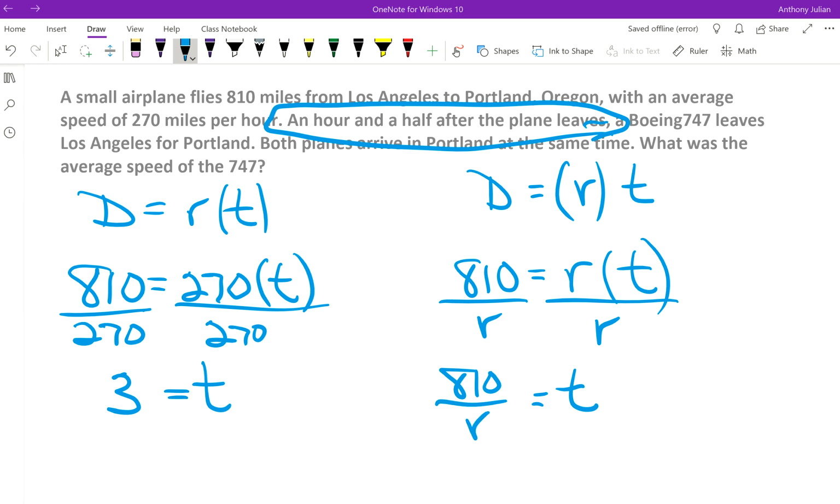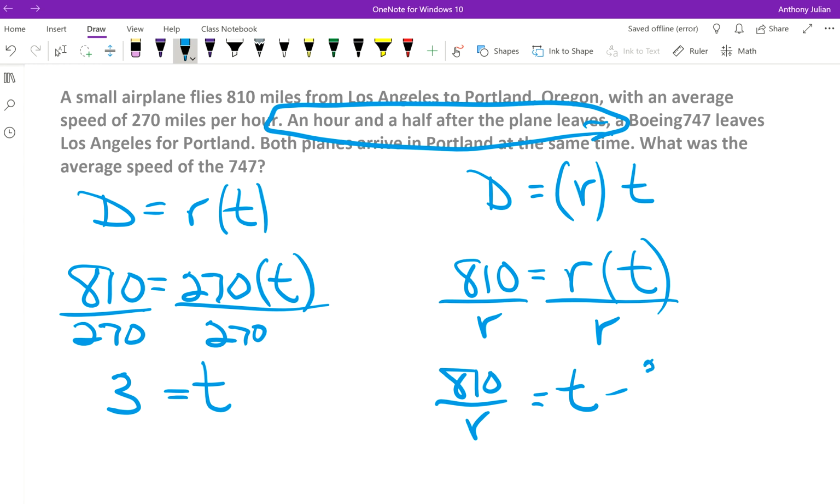So now let's address this idea of the time. All right, this is the small plane over here, and this is the Boeing. And when we're concerned about the time now, I'm thinking that it took the, how can I say, I could subtract, because the Boeing left an hour and a half later.